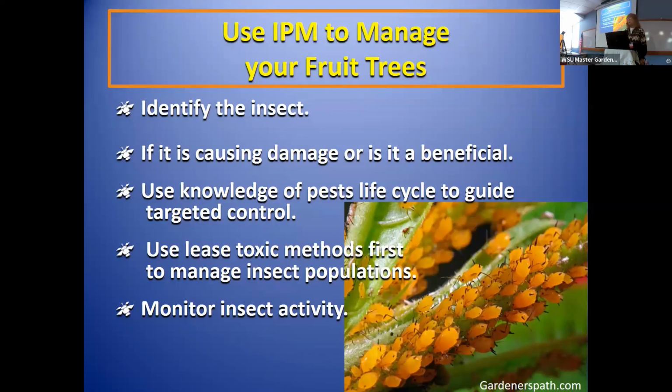And then to monitor for insect activity. Remember to use your IPM tools to manage your fruit trees. You're going to create healthier fruit trees, and you're going to help to decrease pests. So remember also that there's this incredible diversity of insects, and there's not just one prescription.